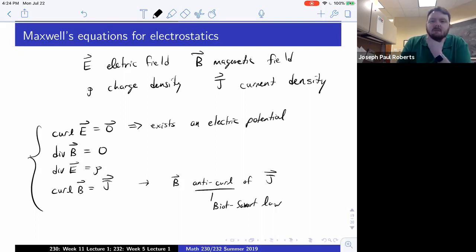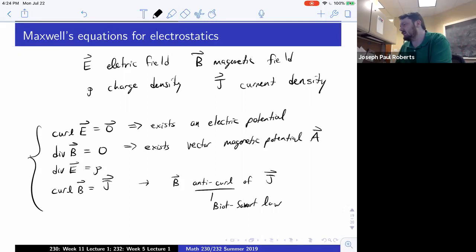So I'm sure that's something that you've talked about in physics. The fact that the magnetic field has 0 divergence means there exists a vector magnetic potential. I think that's A, or at least that's what Wikipedia says is the standard. Let's see here, vector magnetic potential.